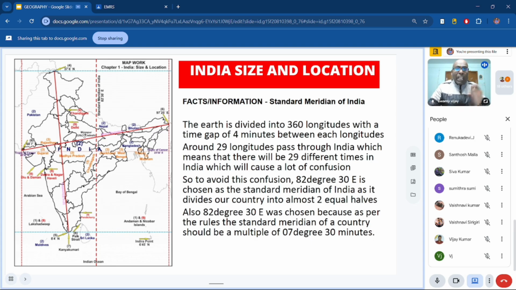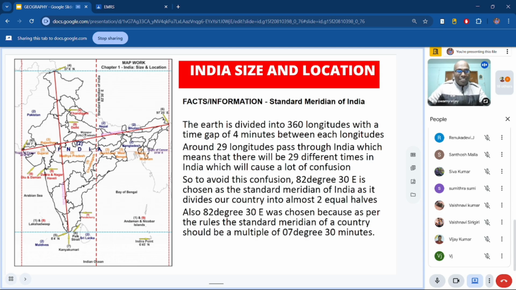Around 29 longitudes pass through India. How many longitudes? From Arunachal Pradesh to Gujarat, there are 29 longitudes. Vertically, India is divided into 29 longitudes. So 29 into 4, how many minutes? Calculate and tell me.